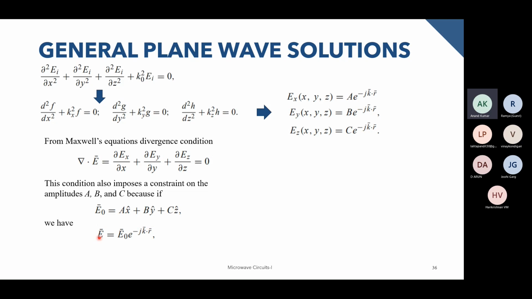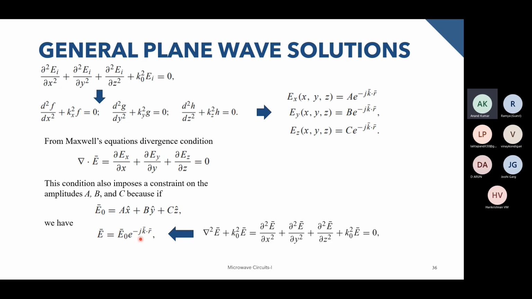So the final solution for the electric field can be given by this form. The initial expression that we started with was the Helmholtz equation, given over here as del square E plus k naught square E equals zero.